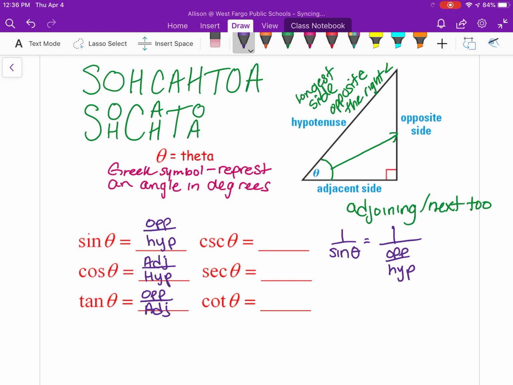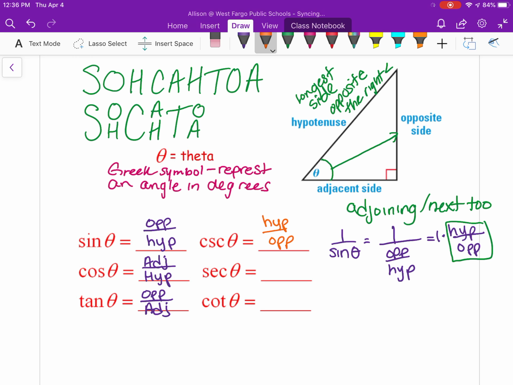If we had 1 over a fraction, it would be the same thing as multiplying by that reciprocal, so 1 times the hypotenuse over the opposite. So this ends up being our ratio for cosecant. If the sine is opposite over hypotenuse, the cosecant will be the hypotenuse over opposite.